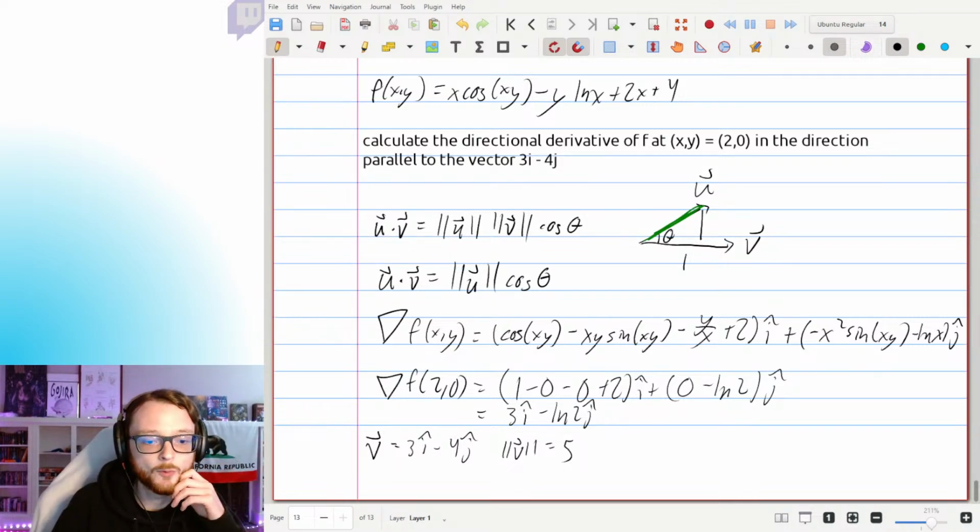But if you don't know that 3, 4, 5 is a triple, you do the square root of 3 squared plus 4 squared, and you get the square root of 25. Okay, so that means the unit vector v hat is 3 over 5 i hat minus 4 over 5 j hat.